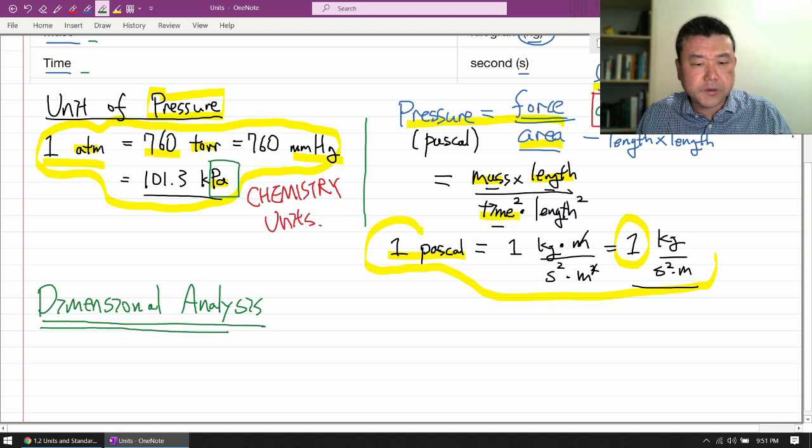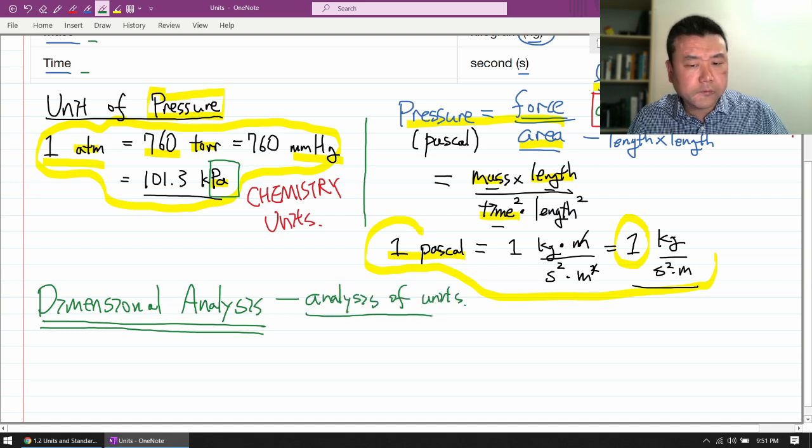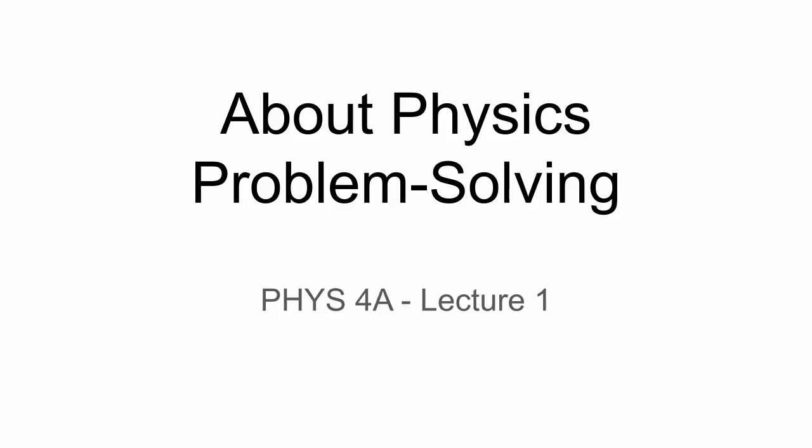I guess at this point, I will just say this much: it's a way of validating your mathematical expressions by taking a careful look at the units that your physical quantities are expressed in. So you might call it analysis of units. It's a very powerful tool whose importance you will recognize more as you go into higher levels of engineering and physics.